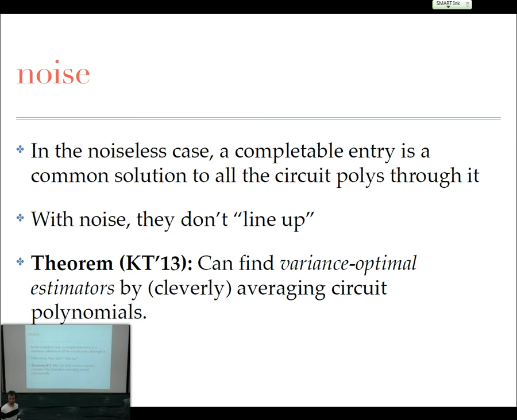You take your observations and you plug them into your polynomial relations. And now you have obtained some estimates of what it might be, but they no longer agree. And then your statistical problem to solve is to find a good way of averaging these estimates in such a way that the variance is minimized.